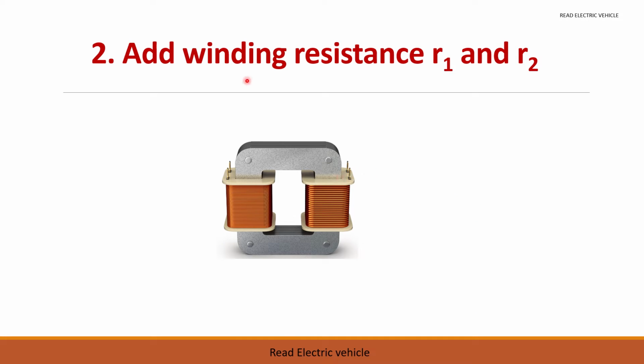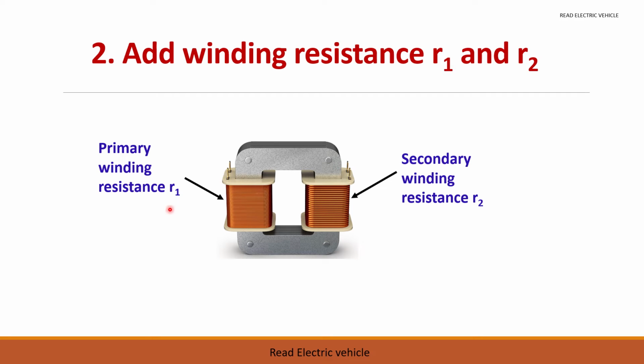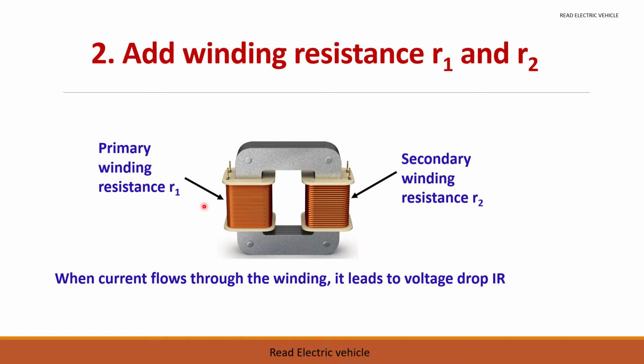Next we will add the winding resistance R1 and R2. So we know both primary and secondary winding will have some resistance. So let us take it as R1, and in the secondary side it is R2. What happens when current flows through this winding? I into R, voltage drop will be there both in primary and secondary.